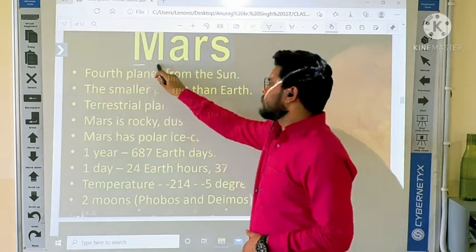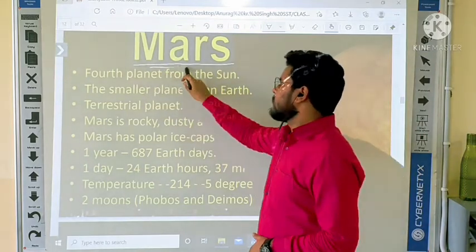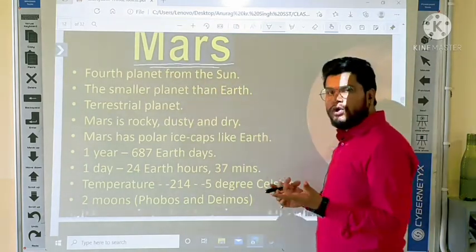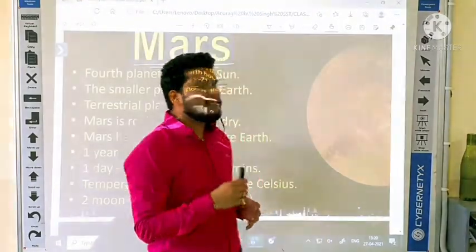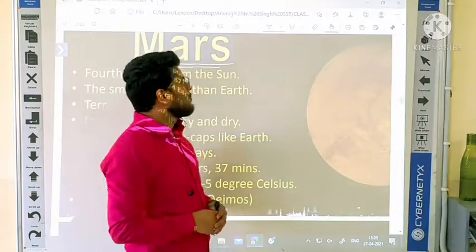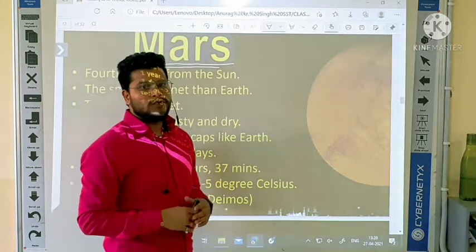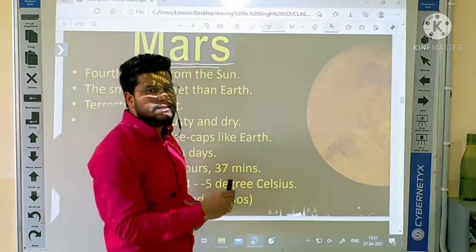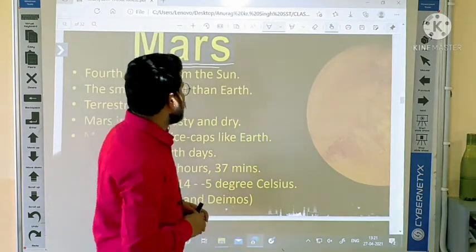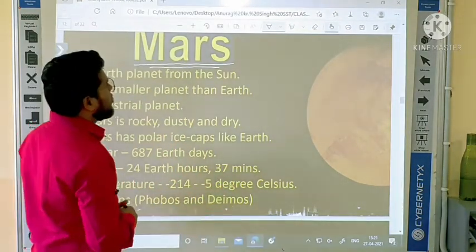Mars in Hindi this is known as Mangal. Okay, we all know that NASA is always researching on the Mars to know that life exists there or not. So let's start a planet Mars.